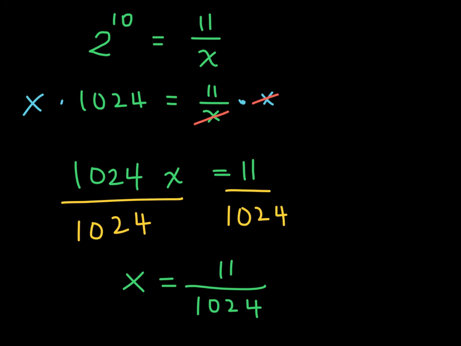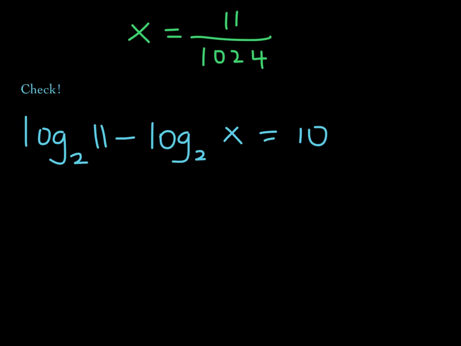This is a positive number. Let me go to the original equation, which is here. This is the original. And notice that when you plug in a positive number for x, this is the only place where x is. The argument is positive, right?